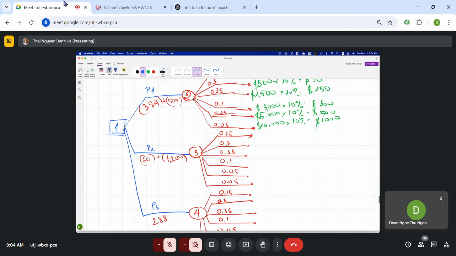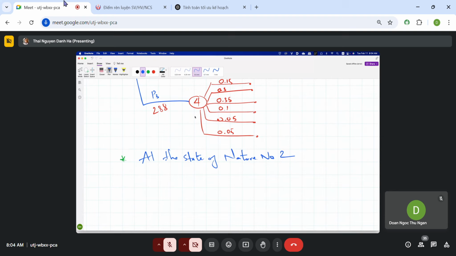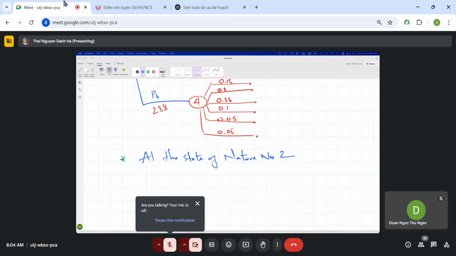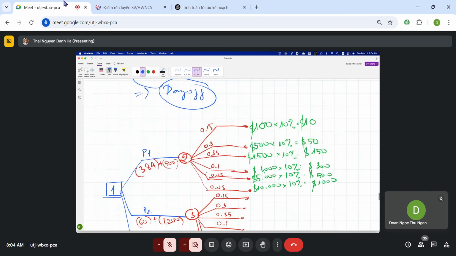It means here, the cost, we can use probability, right?